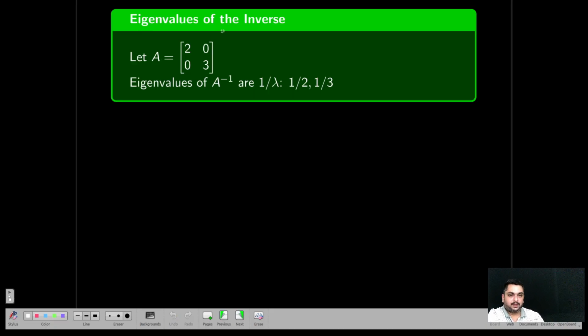Next, eigenvalues of the inverse. If A is equal to 2, 0, 0, 3, the eigenvalues of A inverse are the inverse of these. If I take the inverse of this matrix, then I will get 1 by lambda as the eigenvalue. You can check it. So what is the inverse of this? For a 2 cross 2 matrix, you find the determinant, 1 by 6, into, just interchange these numbers.